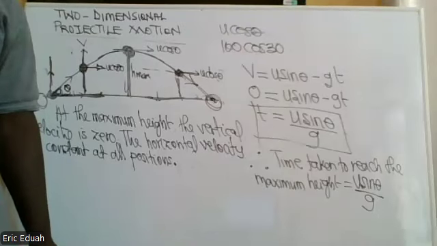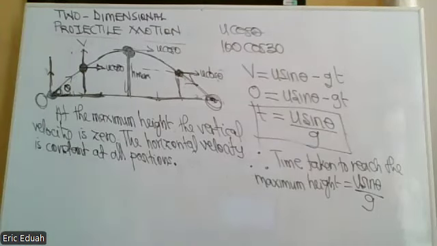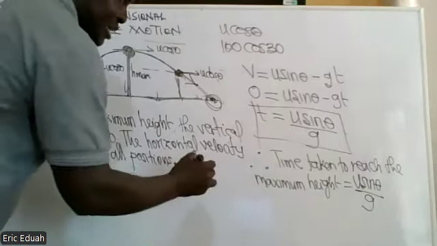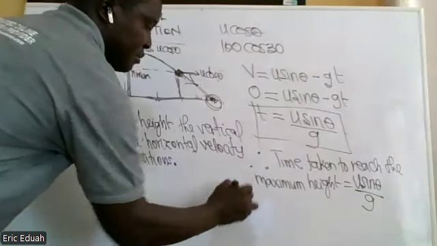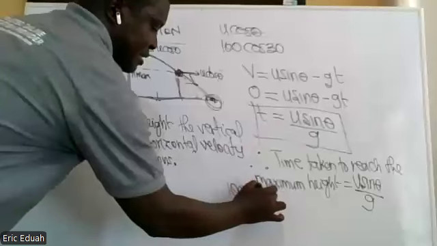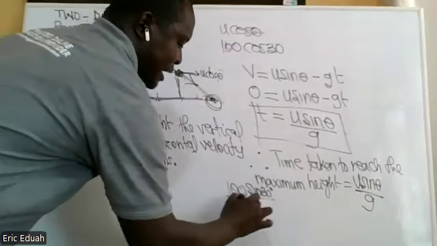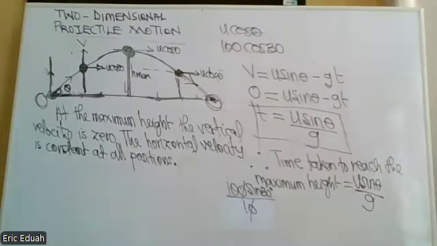I'll solve it and see. The time it would take the projectile to reach the maximum height: u is 100, sine 30, divided by 10. Sine 30 is half.